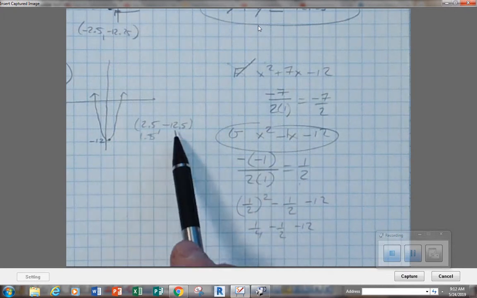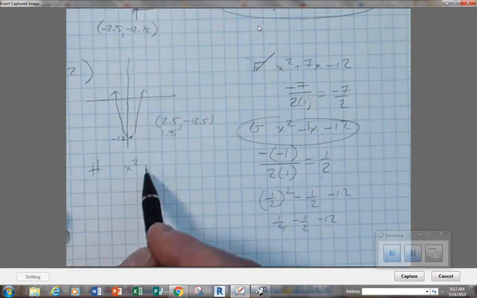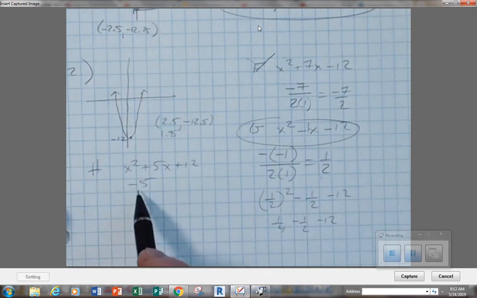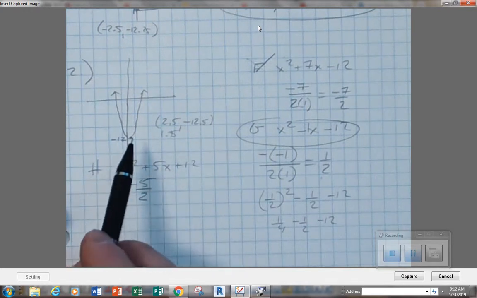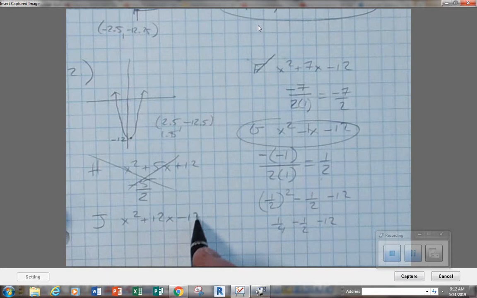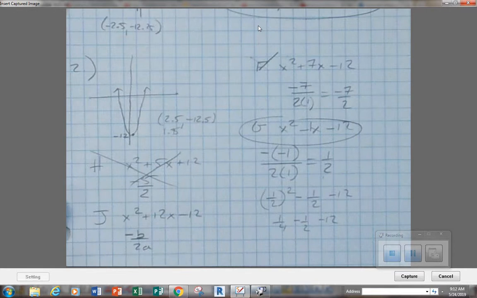All my other ones, if I look at choice H, that gives me negative 5/2. Again, I can't have that because this vertex is positive. If I look at J and use negative b over 2a, remember, I'm always using negative b over 2a, that would be negative 12 over 2, and then negative 6.